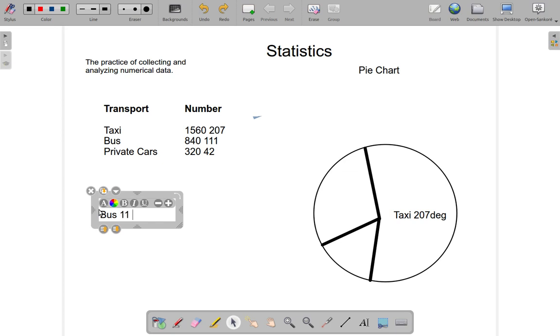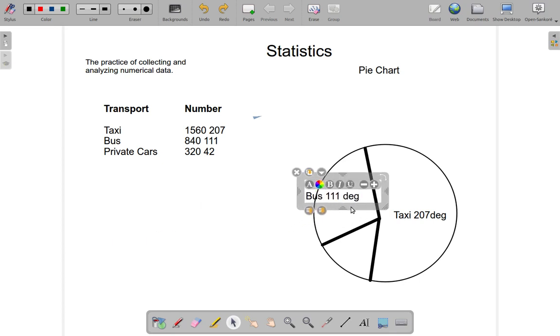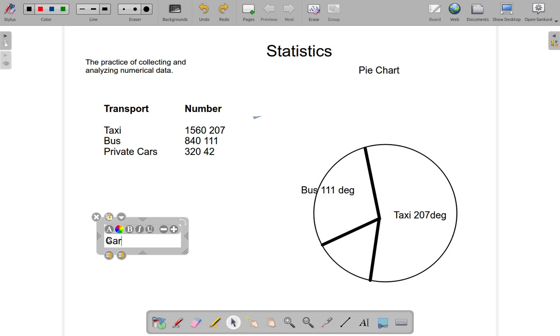Bus 111 degrees. That's for the bus. And then for private cars, let's just say cars, although many of these taxis are really cars too, but these are private cars.